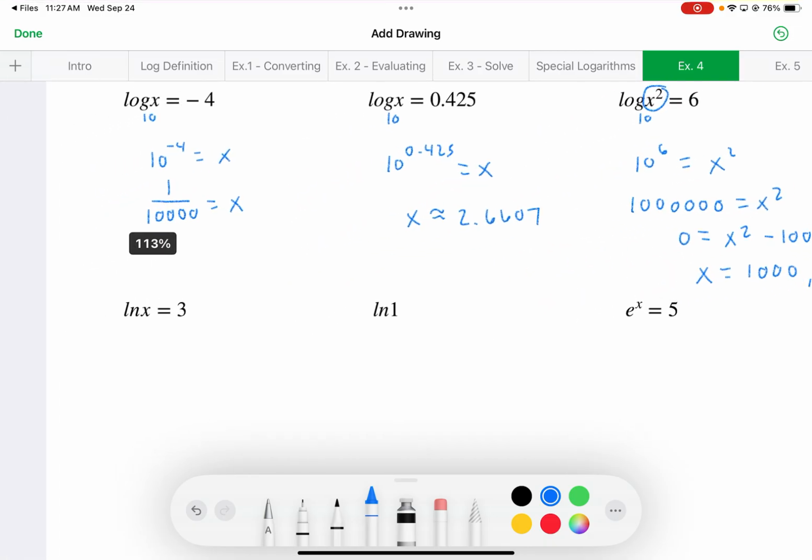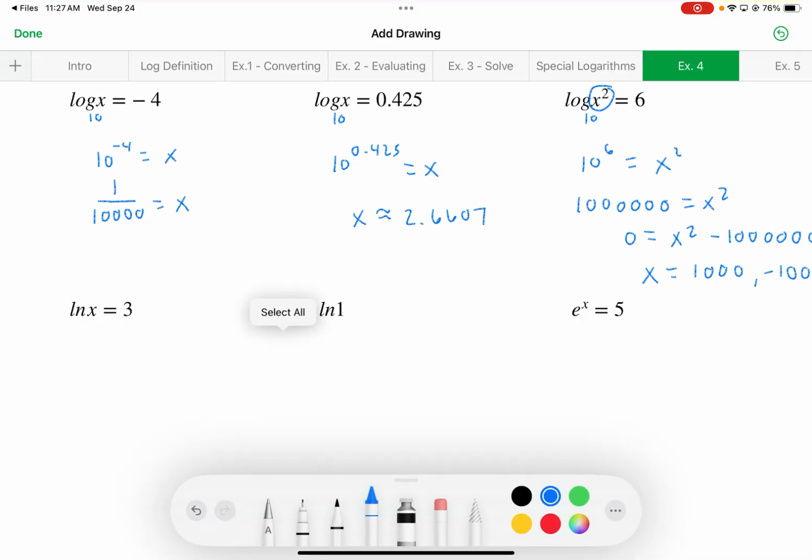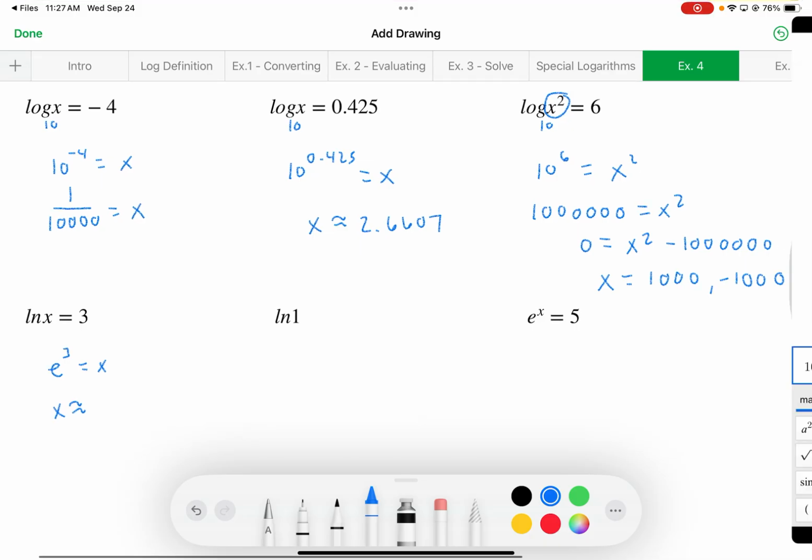All right, below we got a couple natural logs. Okay, natural log of x equals 3. That's the same as saying e to the 3rd power equals x. A lot of times it's common to leave your answers exact in terms of e, but we can approximate this.